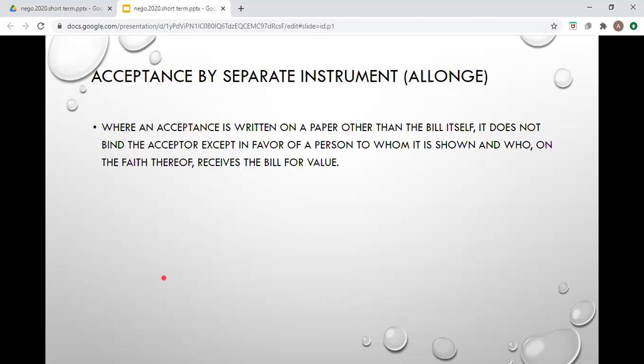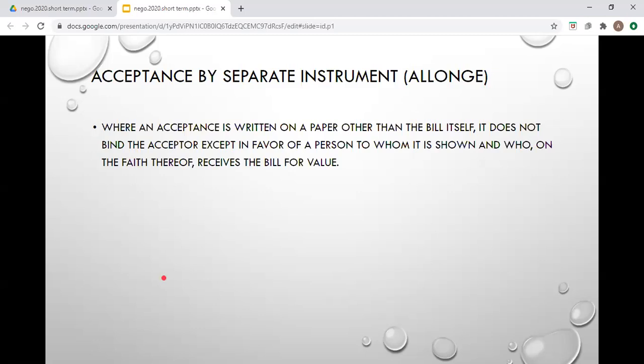Okay? Ulitin natin. Yung drawee, he has the right to place the acceptance on the face of the instrument or on a separate paper known as an allonge. In which case, if he placed the acceptance in a separate paper, then the liability is limited only to those individuals who have seen it and who on the face thereof receive the same for value.